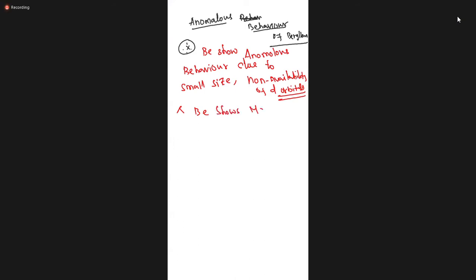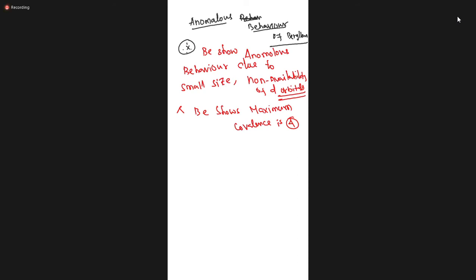So that's why beryllium shows covalence. Maximum covalency is 4. That is another reason. The rest of the elements' covalency is more than 4. That's why it shows anomalous behavior.